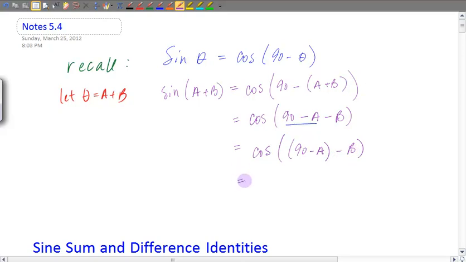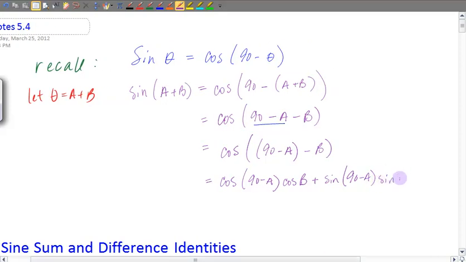So we're going to apply the difference identity for cosine, and it says the cosine of the first, which is 90 minus a, times the cosine of the second, plus the sine of the first, 90 minus a, times the sine of the second. Now, I know that the cosine of 90 minus a is equal to sine of a, using the cofunction identity.